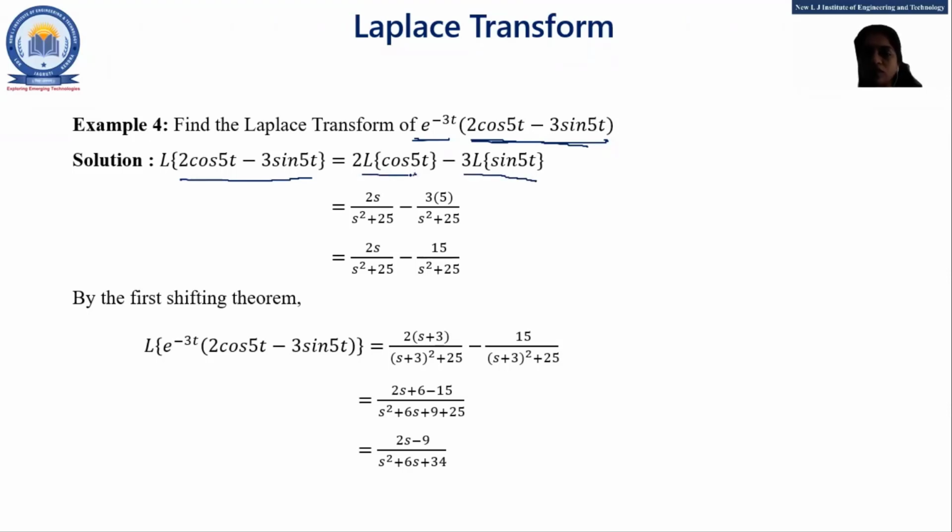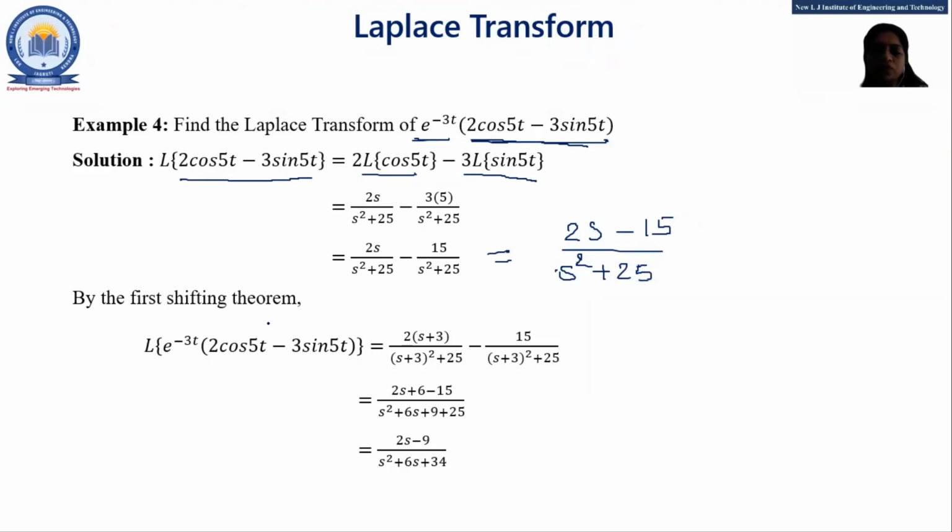So Laplace of cos 5t is what? s upon s square plus 25. And Laplace of sin 5t, 5 means a, is a upon s square plus a square. So 5 upon s square plus 25. So this is 2s upon s square plus 25 minus 15 upon s square plus 25. If you wish, you may also write 2s minus 15 upon s square plus 25, right?